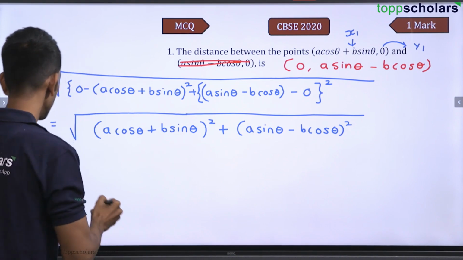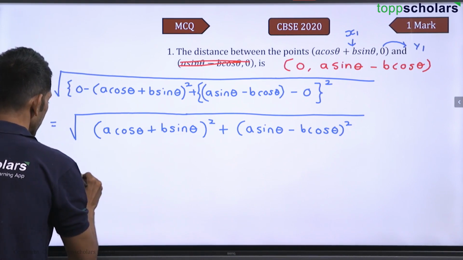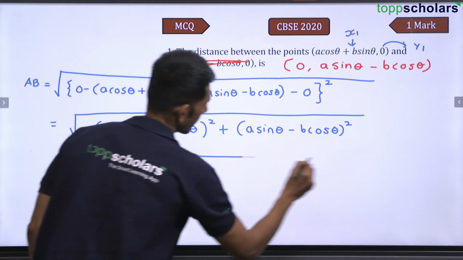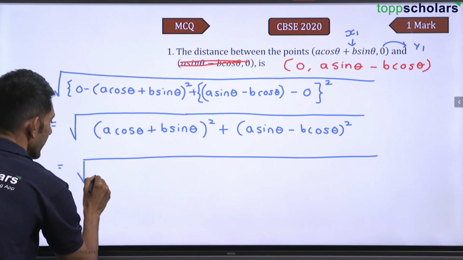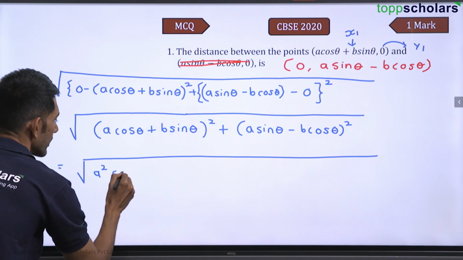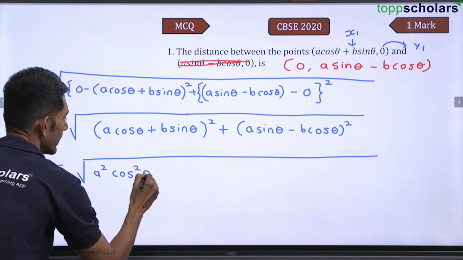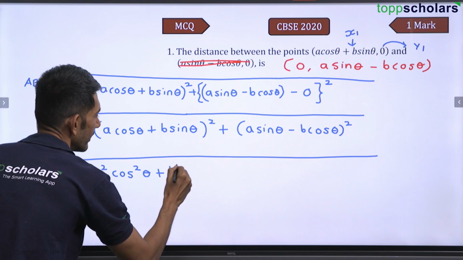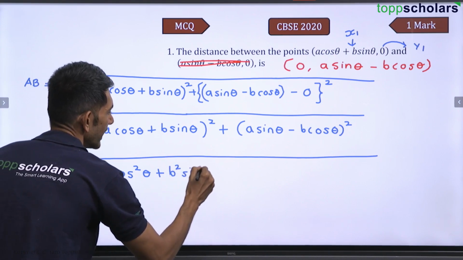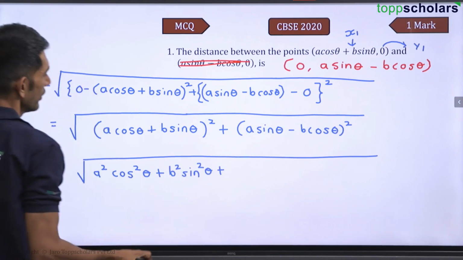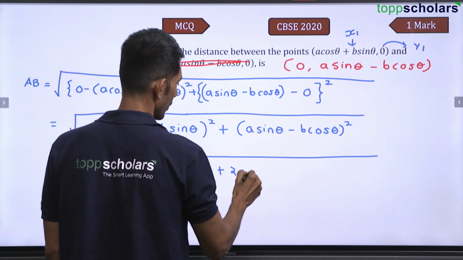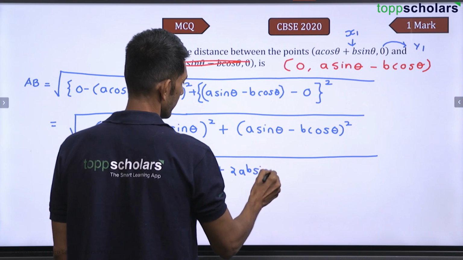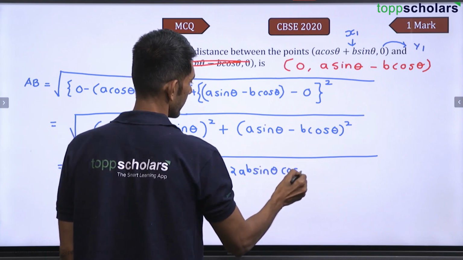This is what we will get. So if I expand this further, I am going to get a plus b the whole square, that is a square cos square theta plus b square sin square theta plus 2ab sin theta cos theta, right?